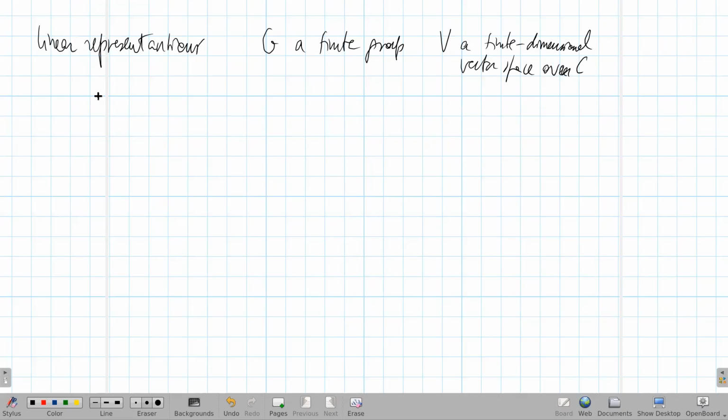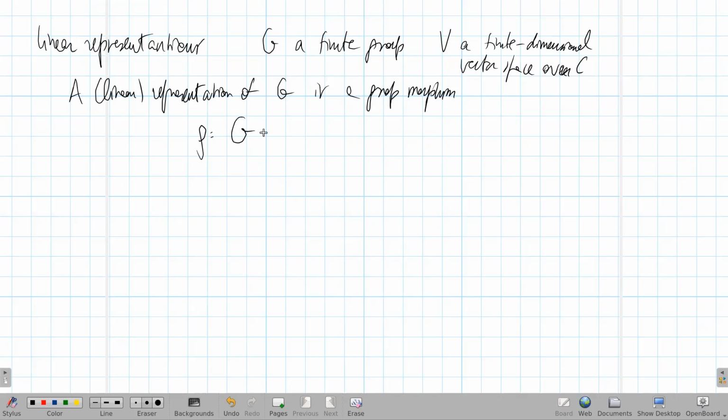And a representation, a linear representation of G, is a morphism, a group morphism, let's call it rho, from G to GL(V), which is the group of invertible linear maps from V to V. But also, once we choose a basis, it's a group of invertible matrices.